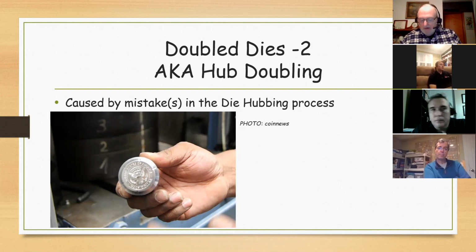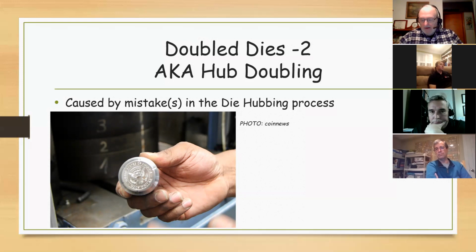Master dies are then copied using special extremely high pressure squeezing and hydraulic force to create the numerous working dies or working hubs, simply called hubs. Then from the hundreds of working hubs, the mint creates the working dies, commonly called dies. It is from these working dies that our coins are actually struck.